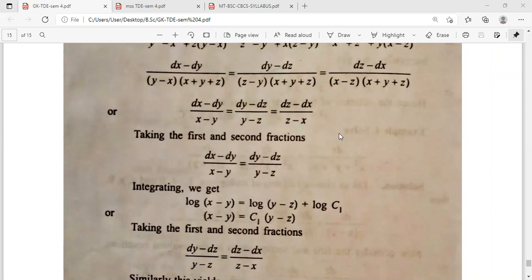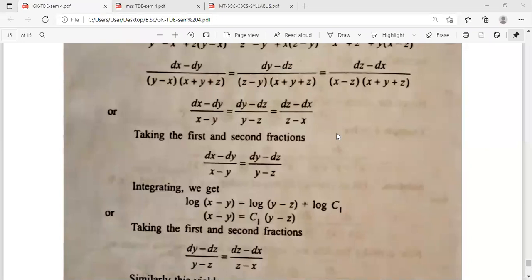There is no specific method here; based on the equation you get, you solve it, and then replace f of z by that solution, that is u of x, y equal to f of z. That is the given solution. That is the case of total differential equation.